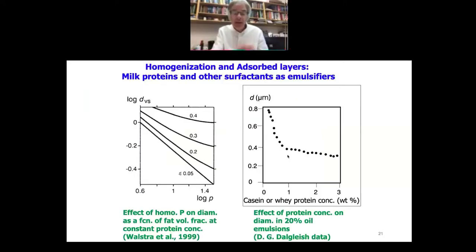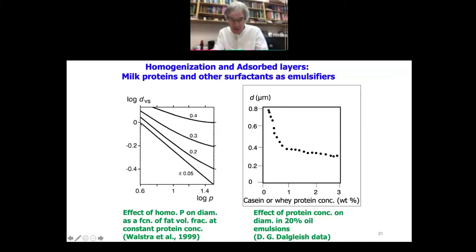And that's shown again here. This diagram on the left came from work by Professor Walstra in the Netherlands from several years ago. What it shows on the y-axis is particle diameter, on a log scale, and on the x-axis is homogenizing pressure.